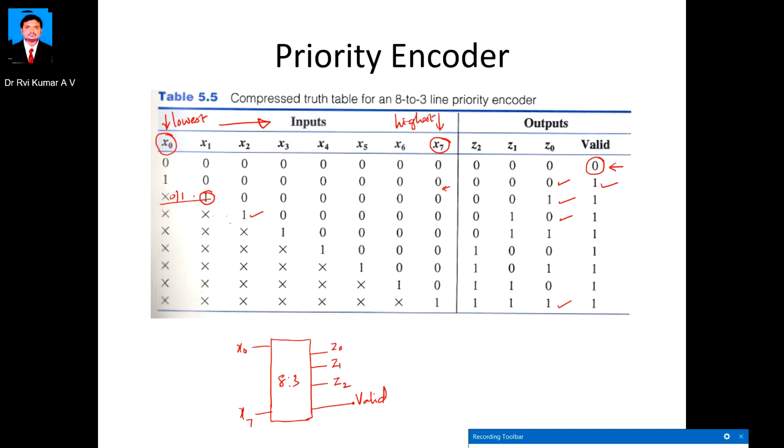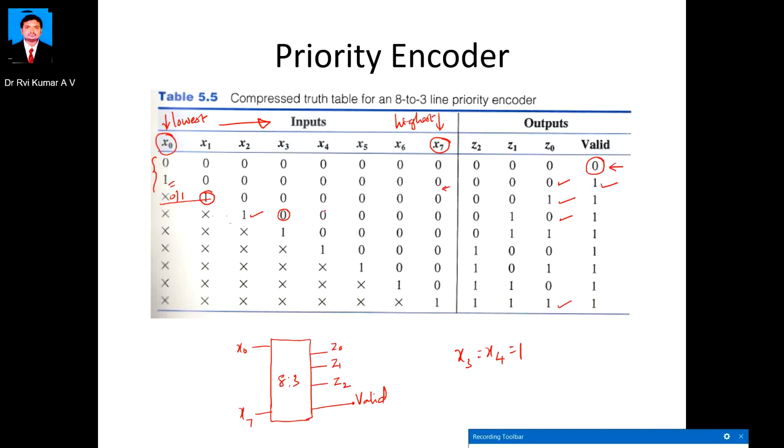Now the first problem is distinguishing between the all-zero input and x0 as 1. So I can differentiate the output with 0 from the valid output. Now let's say x3 and x4 are equal to 1.